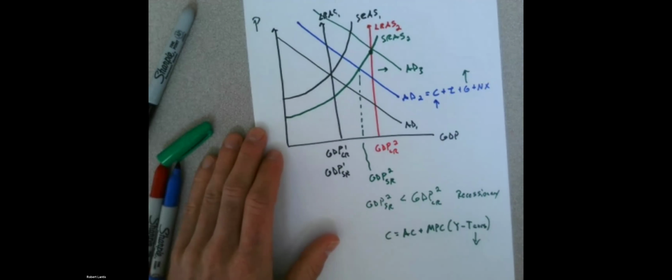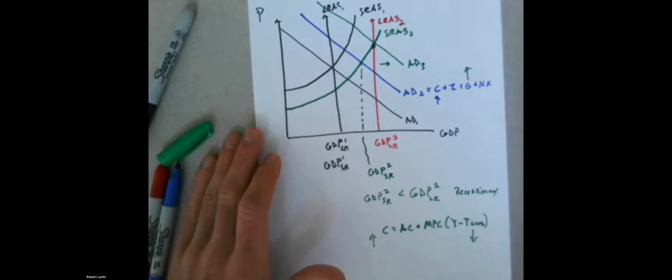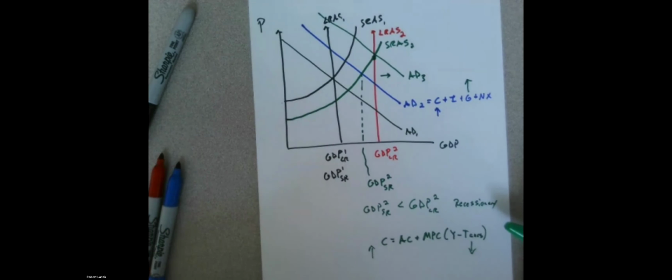We would actually reduce taxes. Okay. Subtracting a smaller amount increases consumption, shifting our aggregate demand enough to close that gap. Okay. Any questions on that idea?